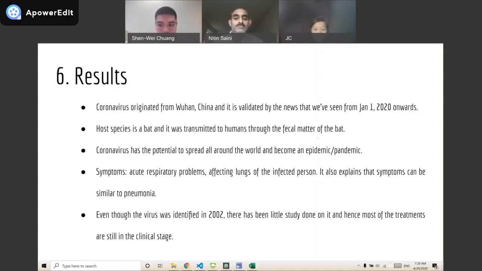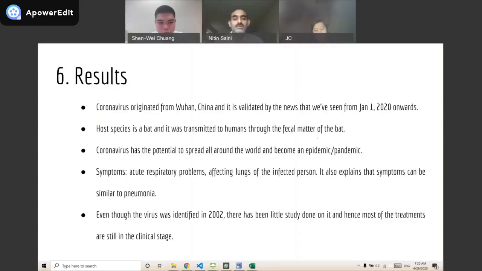The third that we analyzed is that this coronavirus has the potential to spread all around the world and become an epidemic because one of the clusters had keywords like spread, pandemic, world, global, emerge. So these keywords convey a meaning that this virus has the potential to be a pandemic, and we saw that happening over the last few months. It started from just one country and then started following all other countries.